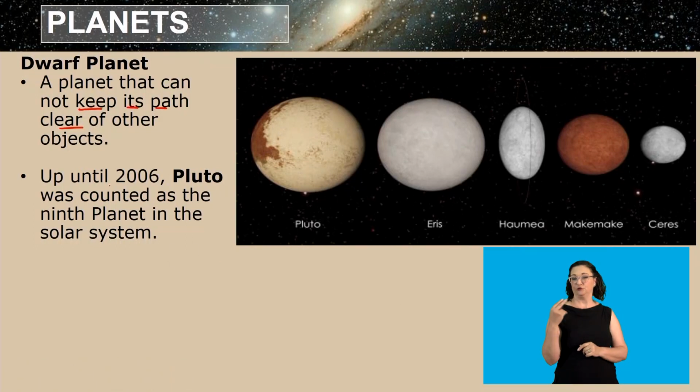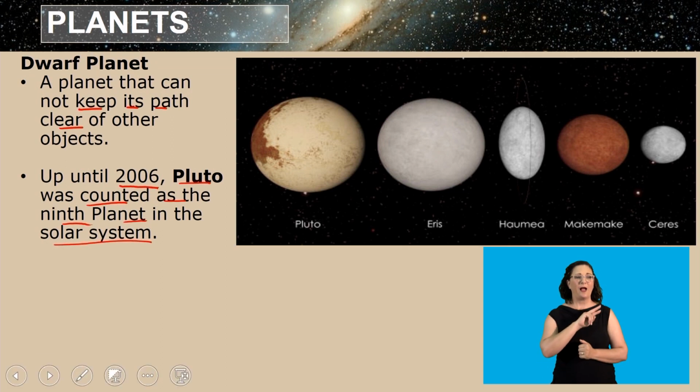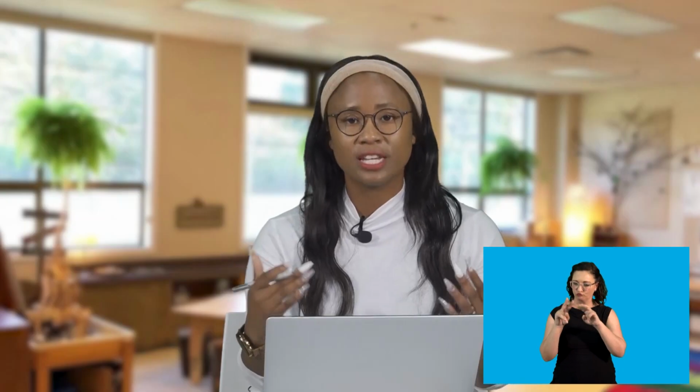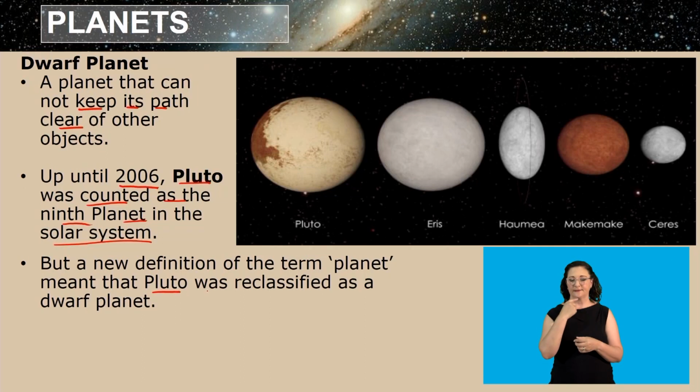Now, up until 2006, Pluto was counted as the 9th planet in the solar system. Remember, we said that initially that was what the other books are still saying even today because they are old books. But because of the new research that was done, a new definition came defining what a planet should be, and because of that, Pluto was reclassified as a dwarf planet, okay?